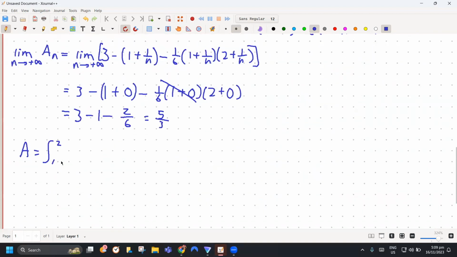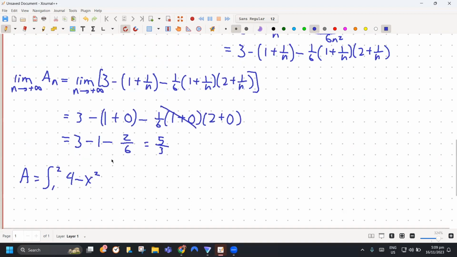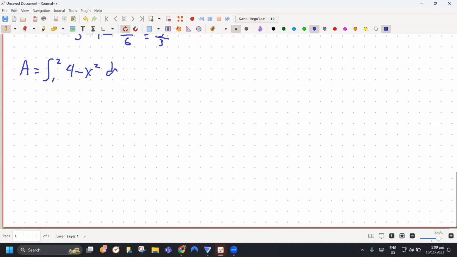That function, what do you call it? Ah, 4 minus x squared, dx. Okay, now integrate that. 8 minus 8/3.